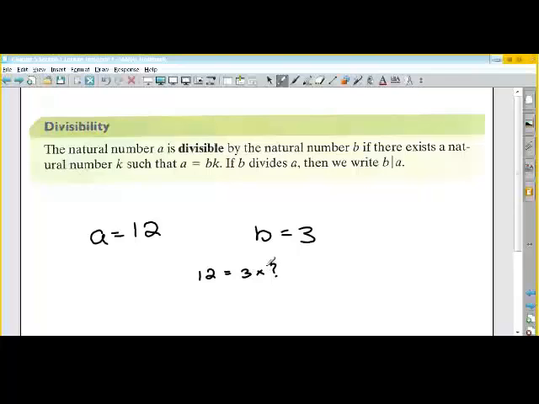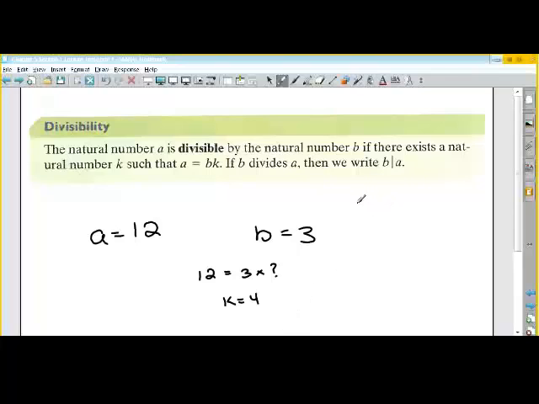Let me try the next natural number, which is 4. 3 times 4 is equal to 12. So for this particular example, K is equal to 4. So there exists a natural number K, the number 4, such that A is equal to B times another natural number. It's kind of a convoluted way of thinking about it.